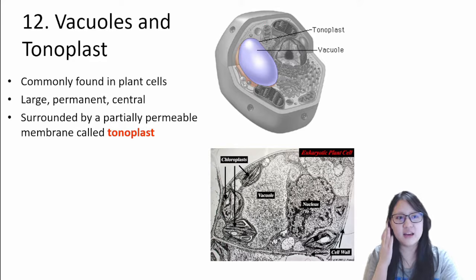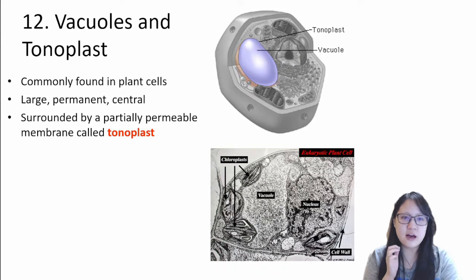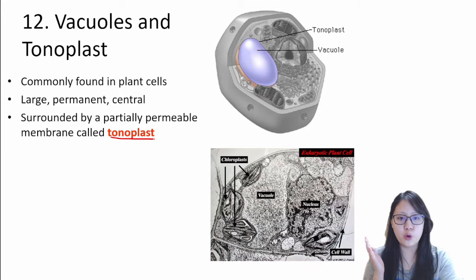Okay, and it's not like a vesicle. It's quite large, it's quite permanent, and the membrane has a special name here. It is called a tonoplast. It is also partially permeable, and the membrane is also made of phospholipid bilayer. All the membranes in the cell, all made of phospholipid bilayer, okay?